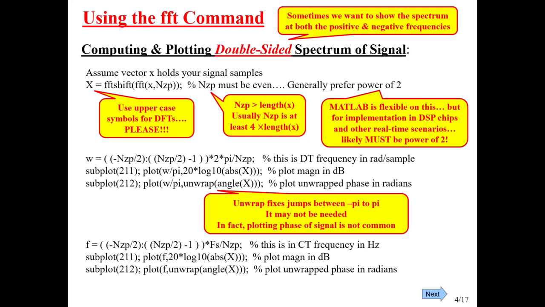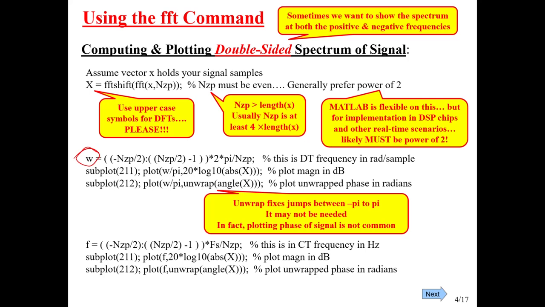Maybe every once in a while if we're just working out the details of the design of a filter and want to make sure that the filter design I'm getting matches up to how I specified the parameters in terms of discrete time frequency, I'd want to do that. But most of the time, I just want to look at this corresponding to its equivalent continuous time frequency. So I'm going to need the version of this that is in Hertz.